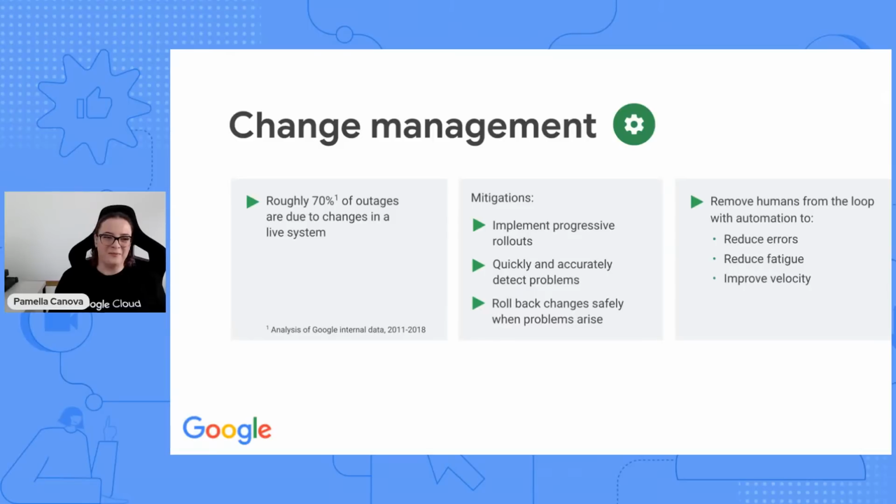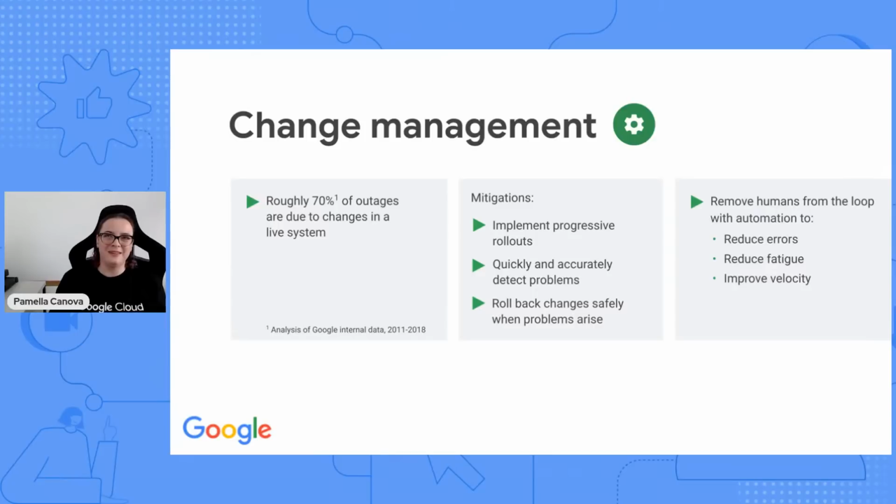So everyone understands that and can quickly react if there is a problem. And also, it's possible to remove humans by automating operations. It's also possible to make changes this way.